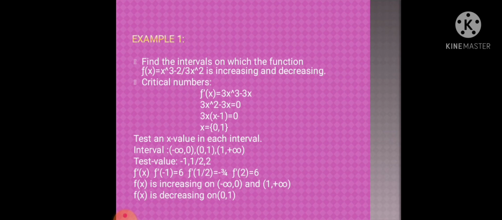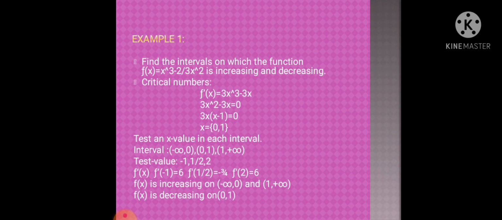So it is 3x squared minus 3x equals 0. Then you factor it out, so it becomes 3x times (x minus 1). Since 3x times x is equal to 3x squared, and 3x times negative 1 is negative 3x. So x is equal to 0 and 1.